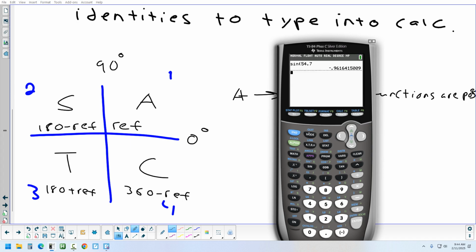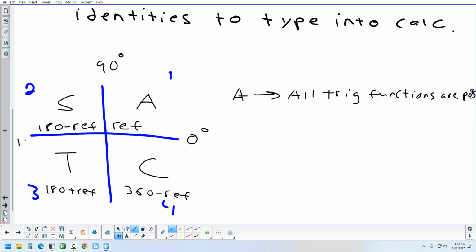Now I'm in degrees. Pick a number between 0 and 90. Sine of 54.7 comes out positive. Cosine 54.7 comes out positive. Tangent of 54.7. They all come out positive in quadrant 1. You will never get a negative answer in quadrant 1 when you do sine, cosine, tangent, or their reciprocals, because flipping something that's positive, it's still positive.